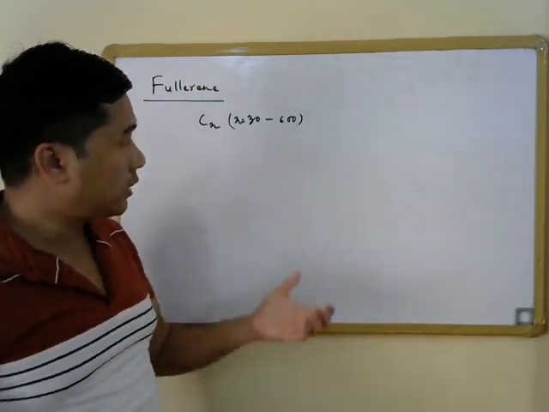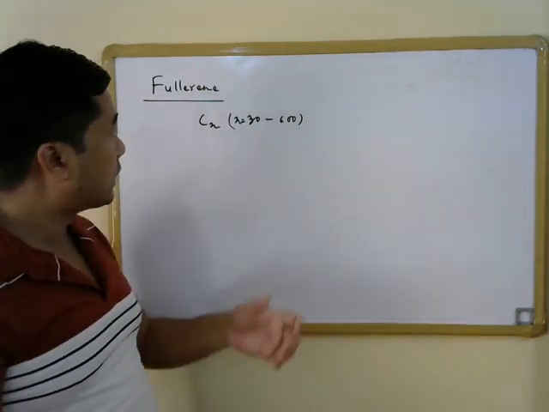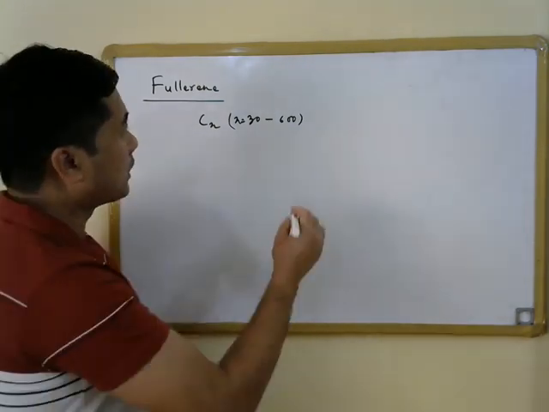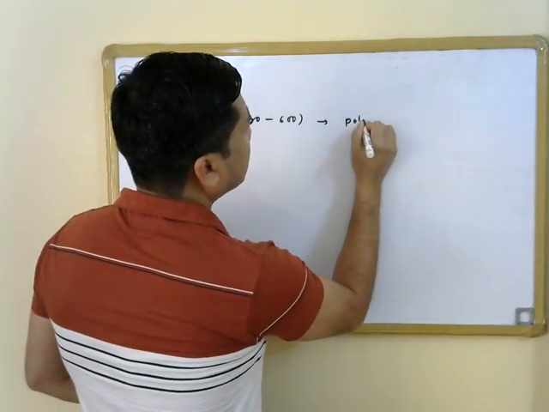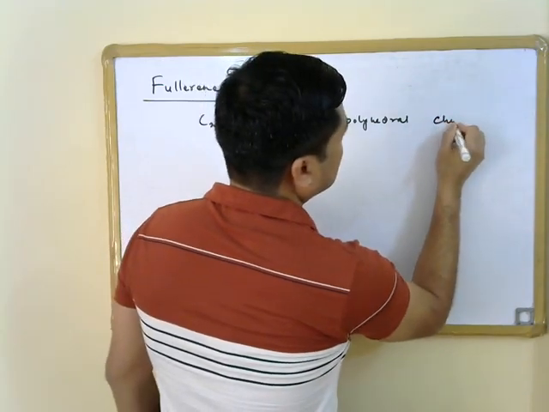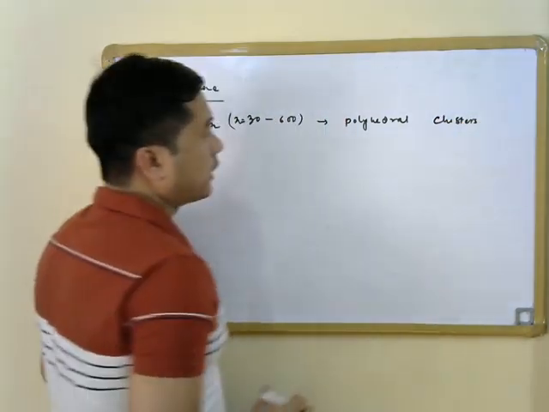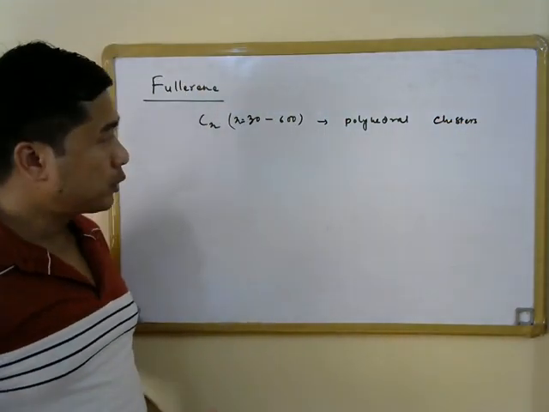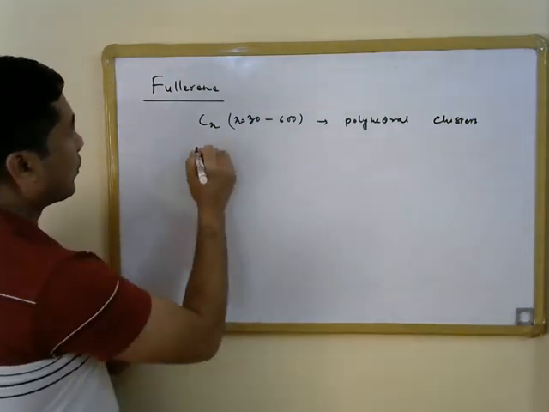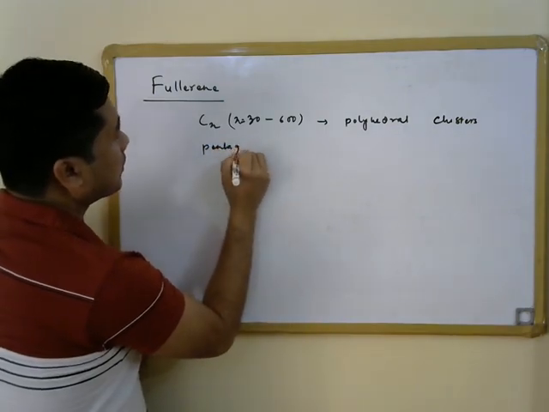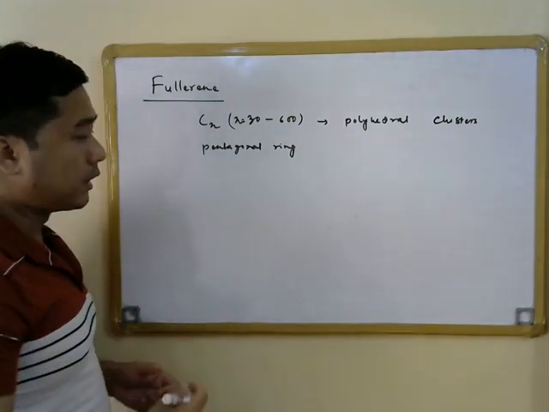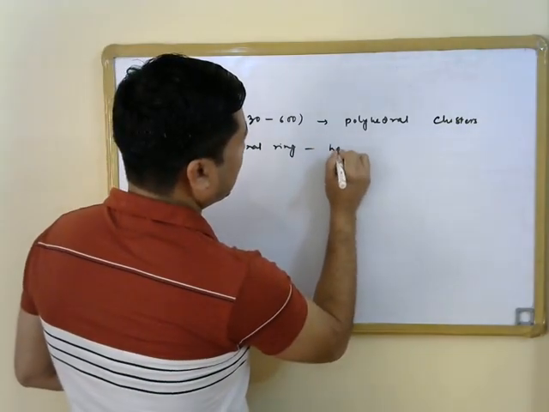Indications have been obtained that n can go up to 600, and the structure of these molecules is again polyhedral clusters, and these clusters are composed of two different types of rings formed by carbon atoms. One is the pentagonal ring, and the other one is the hexagonal ring.